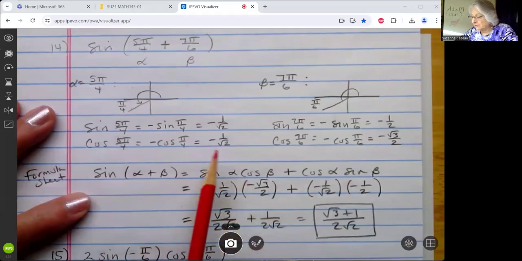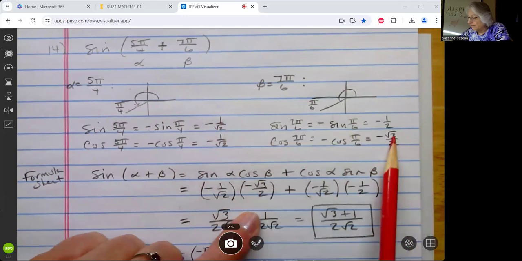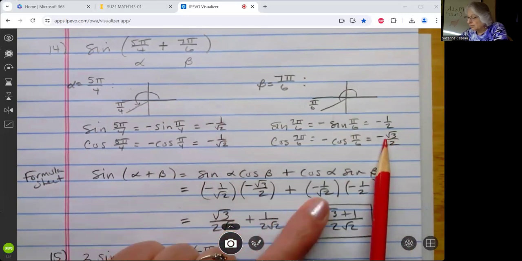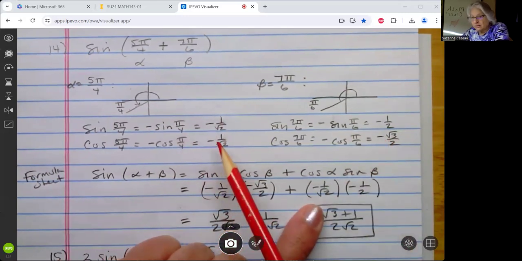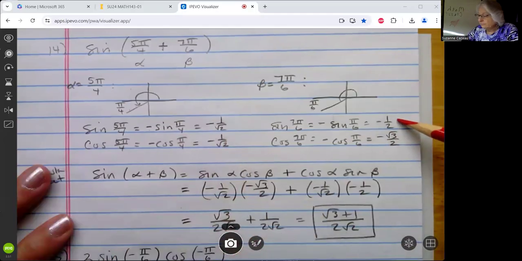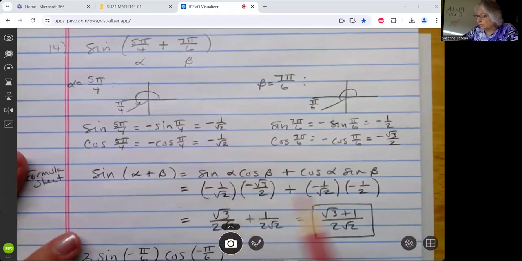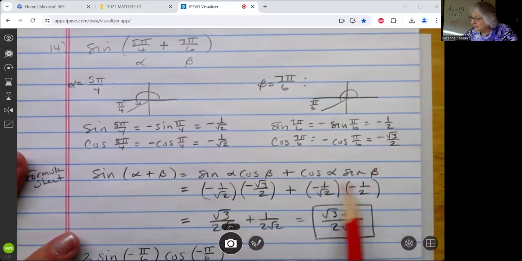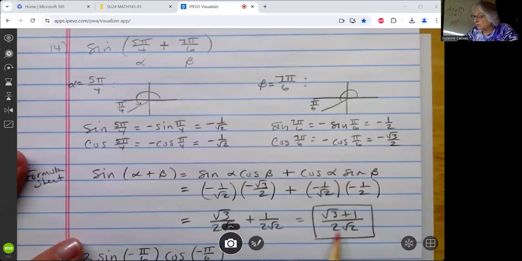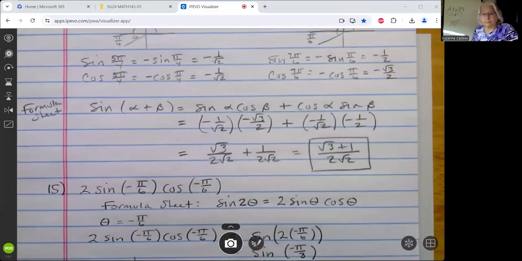And I just went sine of alpha cosine beta plus cosine alpha times sine of beta. So this is going to be a positive root 3 over 2 root 2. This is going to be a positive 1 over 2 root 2. So root 3 plus 1 over 2 root 2.